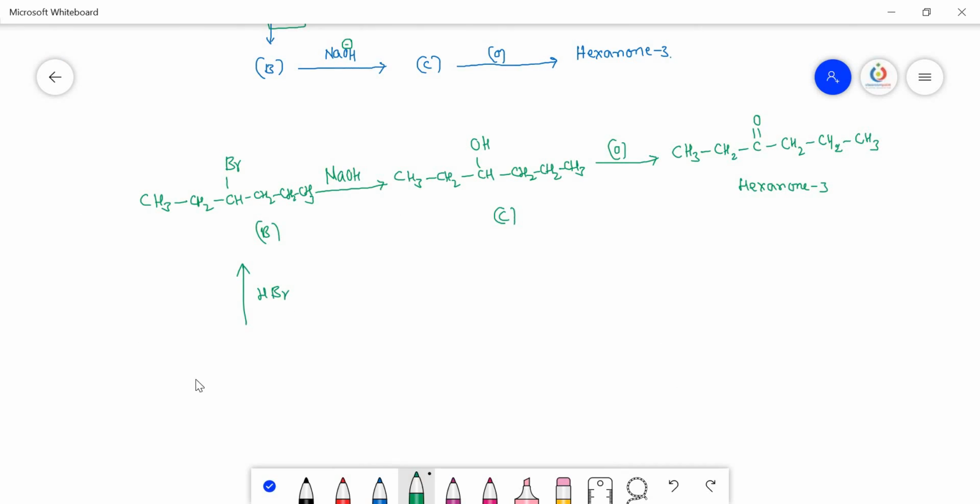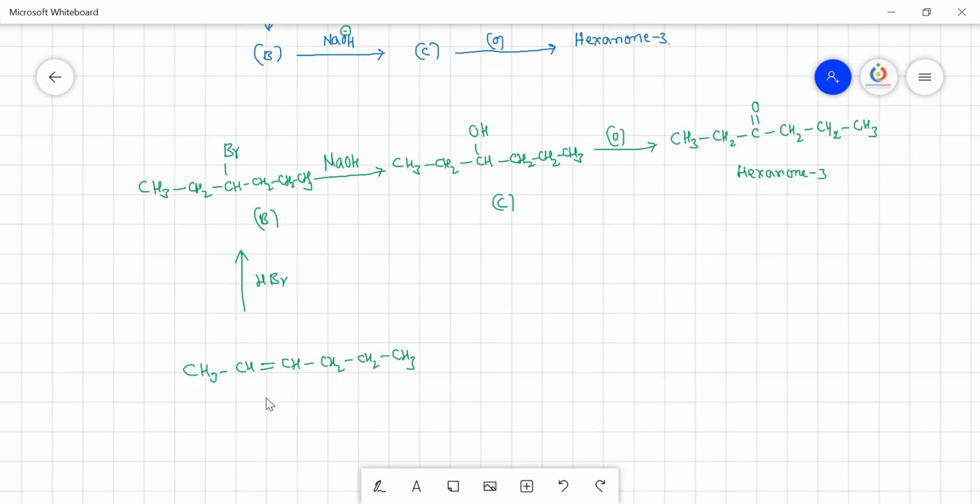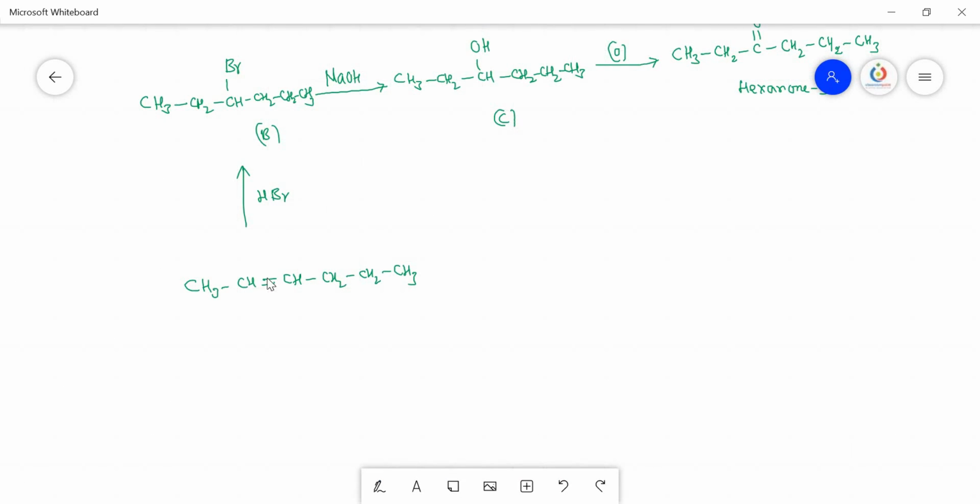So I am going to write down compound A, which on reaction with HBr gives compound B: CH3, CH double bond CH, CH2, CH2, CH3. People may get a doubt: though it is an unsymmetrical alkene, both of these carbon atoms have the same number of hydrogens. So when HBr is added, what is the reason for this hydrogen to add only to this carbon atom and not to that carbon atom?